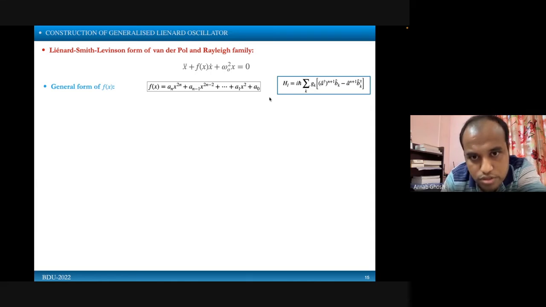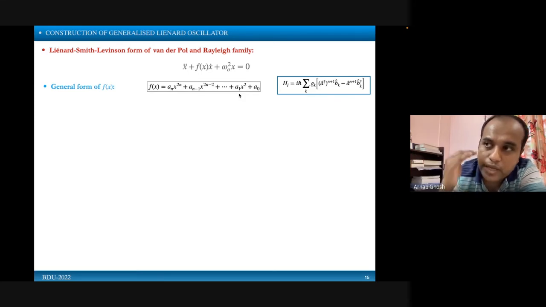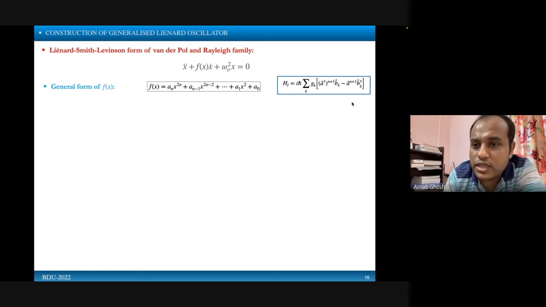First let's discuss the van der Pol family, where f of x is of this form, with highest degree x to the power 2n. From the method that I have discussed, from n equal to 1, n equal to 2, just by mathematical induction, you can understand this would be your desired form of the interaction Hamiltonian.